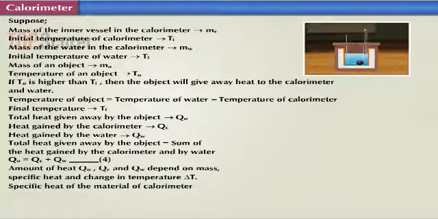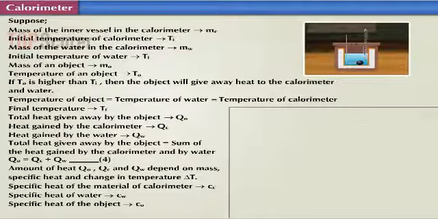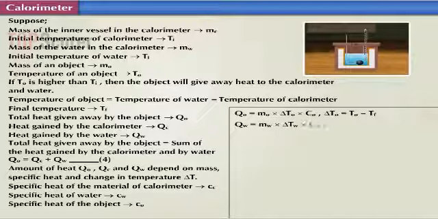If the specific heats of the material of calorimeter, water and the object are Cc, Cw and Co respectively, we can write Qo is equal to Mo into delta To into Co, where delta To is equal to To minus Tf. Qw is equal to Mw into delta Tw into Cw, where delta Tw is equal to Tf minus Ti.